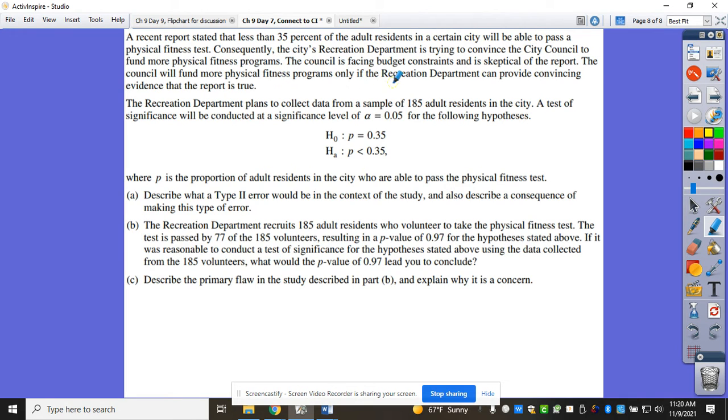It makes comments if it's going to be something like on an AP test. They're facing budget constraints, but also we are testing. So we've got a couple different things to possibly use up here.